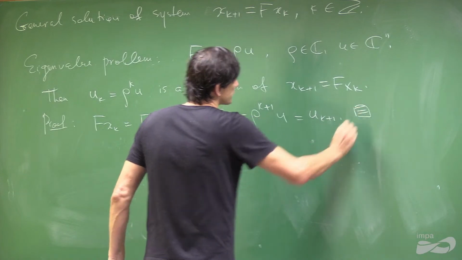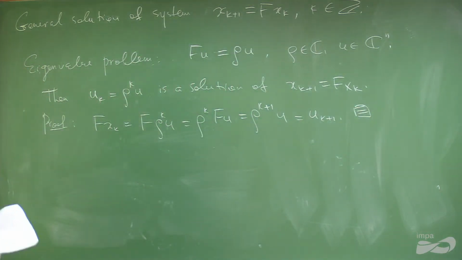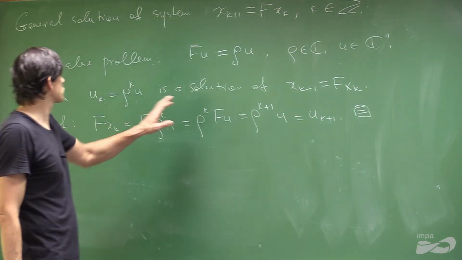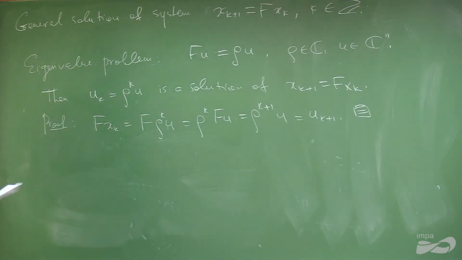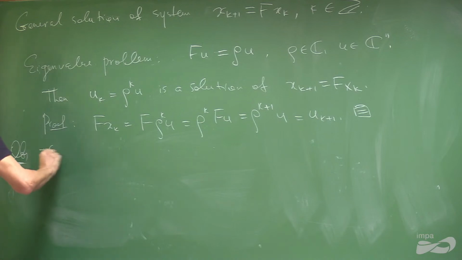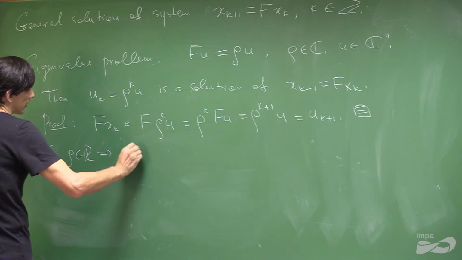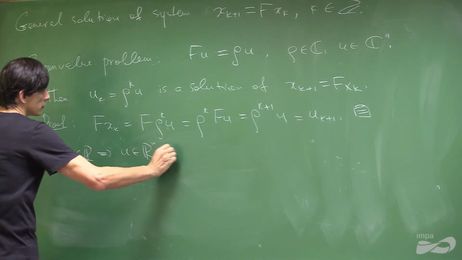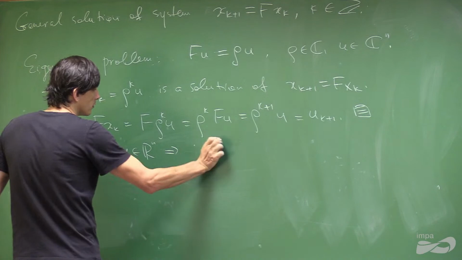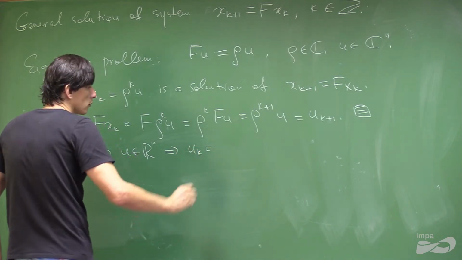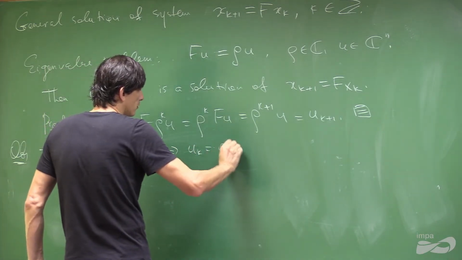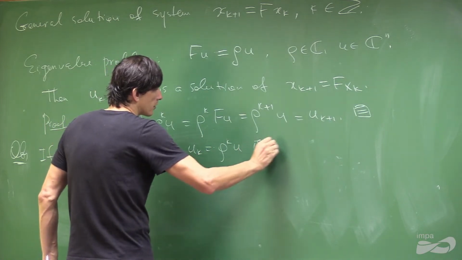So very simple proof. Having an eigenvector, we have a solution. The observation is that if rho is real, then you can choose the eigenvector to be real as well. Then u_k = rho^k u is a real solution.